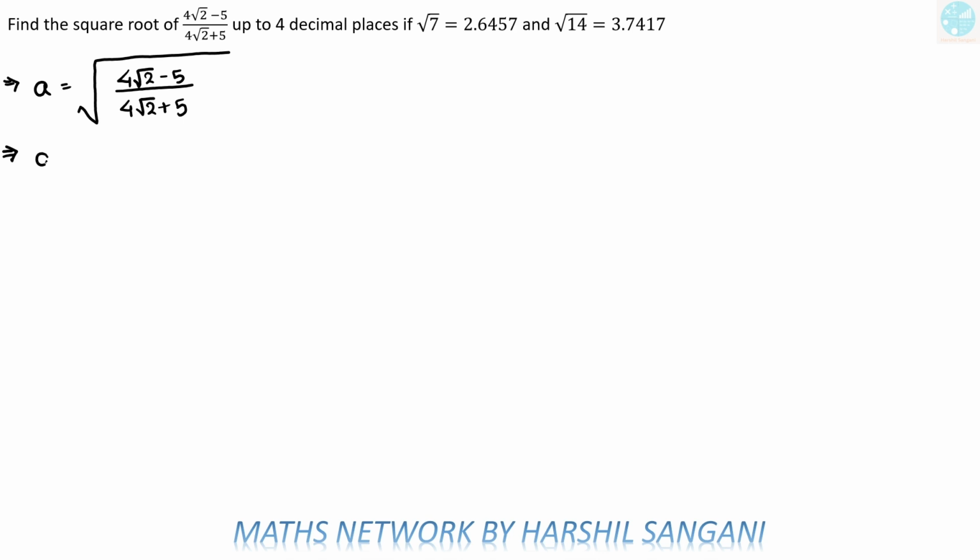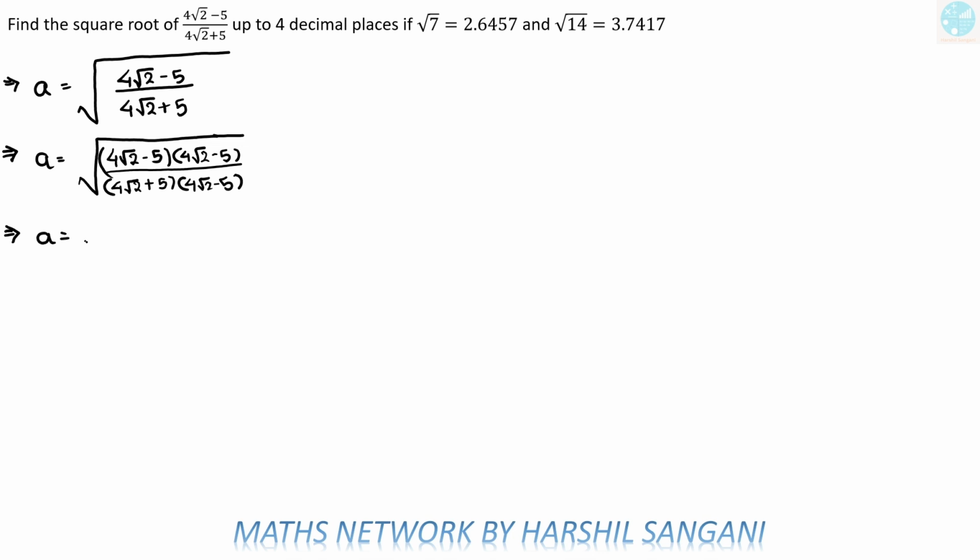So it will be A equal to the whole root of (4 root 2 minus 5) multiplied by (4 root 2 minus 5) in the numerator, and (4 root 2 plus 5) multiplied by (4 root 2 minus 5) in the denominator. Now we will simplify this.